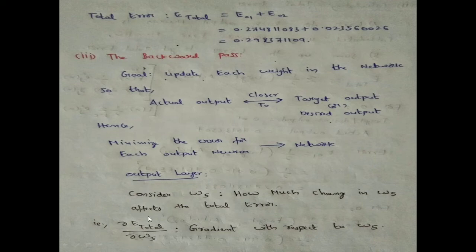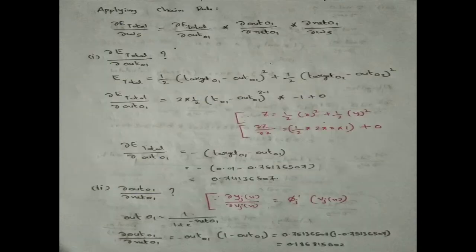So here we are checking how much change in this weight W5 is going to affect the total error. So this can be obtained by applying the chain rule, that is the change in the total energy with respect to the change in weight W5 is equal to the change in the total energy with respect to the output value of the output neuron 1, into the change in output neuron 1's value with respect to the change in the input value of the output neuron 1, into the change in the input of the output neuron 1 with respect to the change in the weight W5.